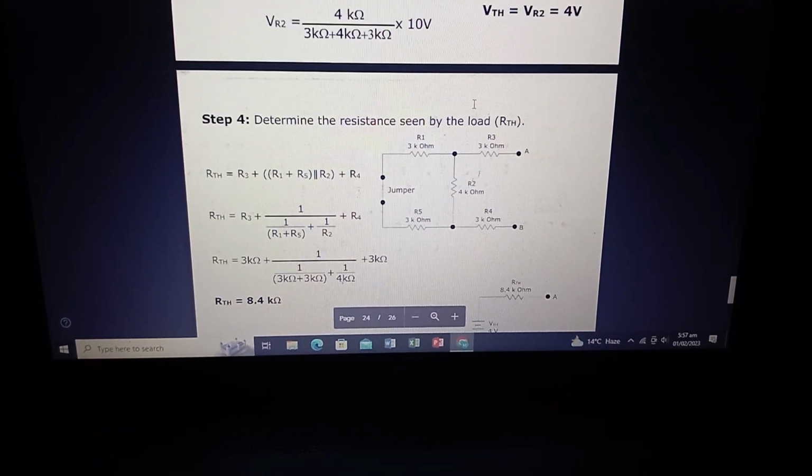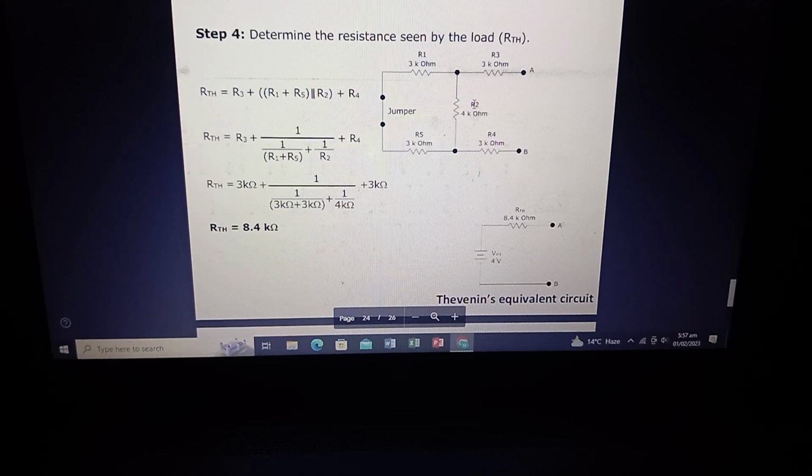Moving next to step 4, determine the resistance seen by the load, meaning R Thevenin. R Thevenin is equal to R3 plus R1 plus R5 in parallel with R2 plus R4. That means R3 in series with R4 and the sum of R1 plus R5 in parallel with R2.